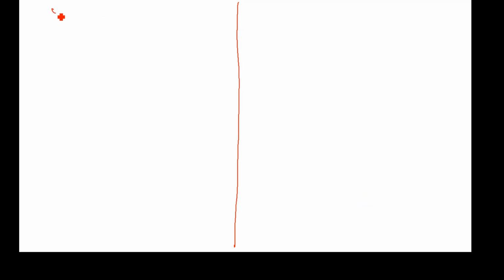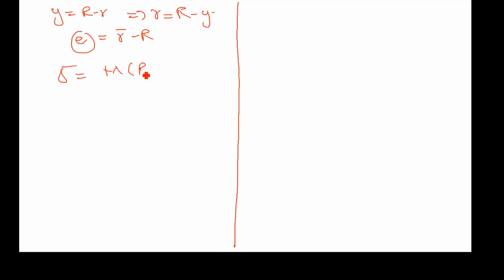As we know that y is equal to r̄ minus r, which means r is equal to r̄ minus y. So e is equal to r̄ minus r. In case of eccentricity, stress is equal to M into (r̄ minus r) divided by A into e into r.